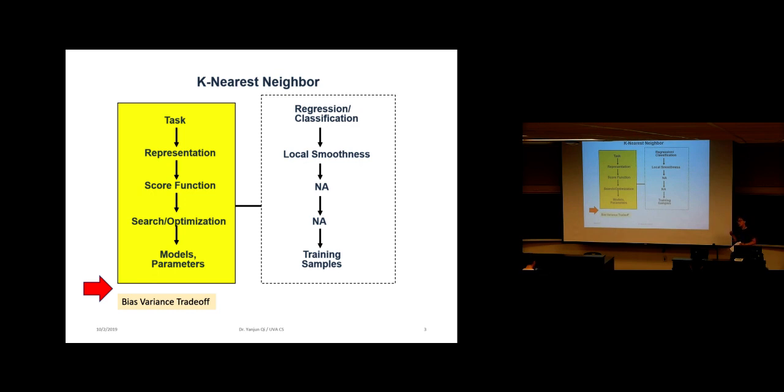So if you have this irreducible error epsilon, the optimal K-nearest neighbor with infinite training samples is bounded by 2 epsilon. So it's a very good predictor, both for regression and classification.